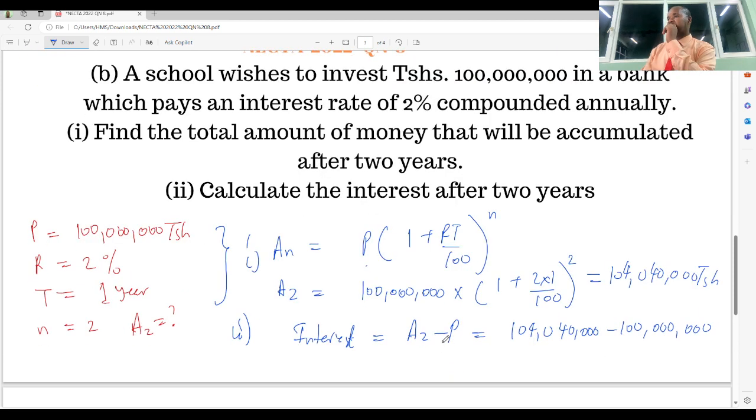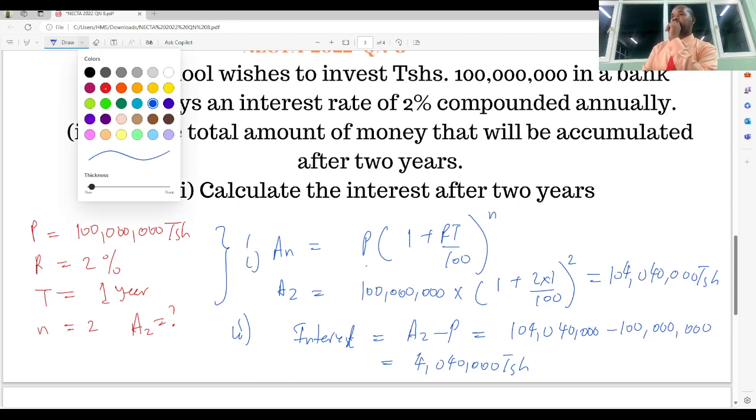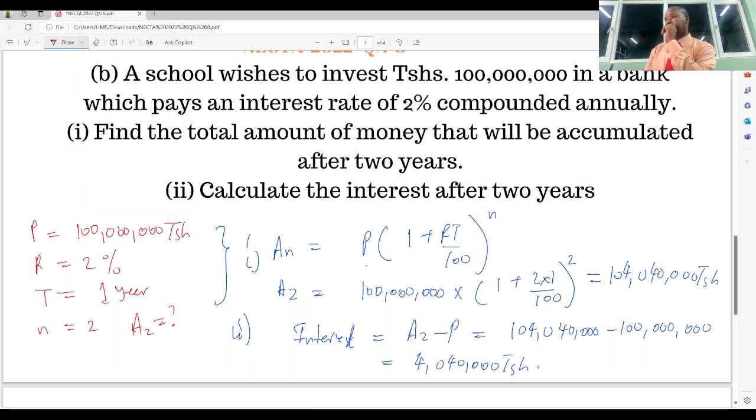When you subtract, dear students, the interest will be 4 million and 40,000 Tanzanian shillings. So that is the interest amount accumulated after 2 years. This is how we deal with these kinds of questions, and this was the solution for question number 8, NECTA 2022.